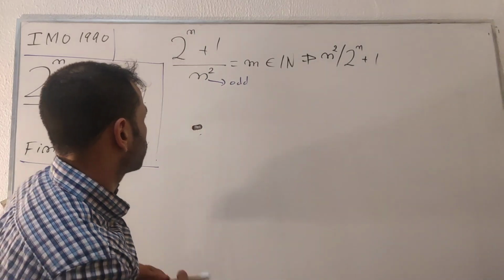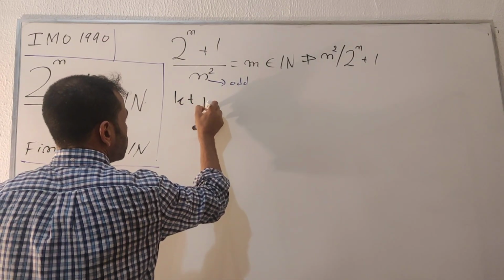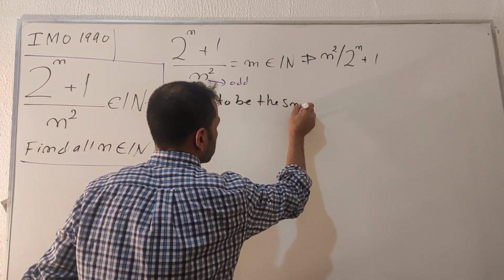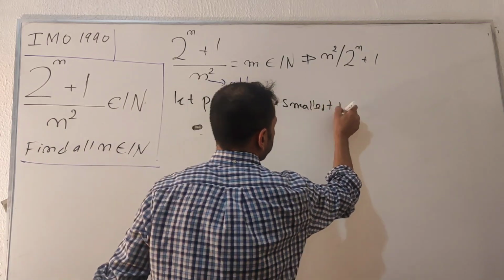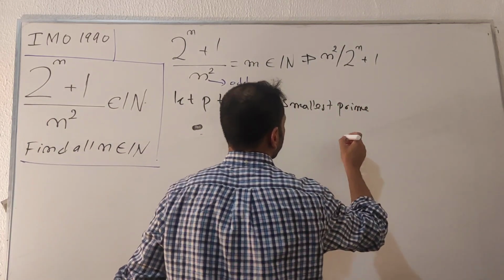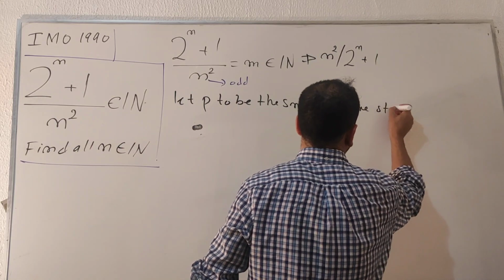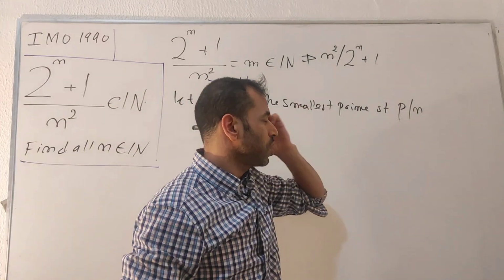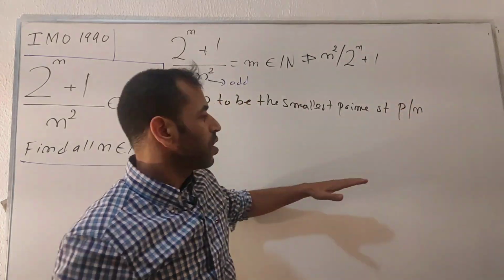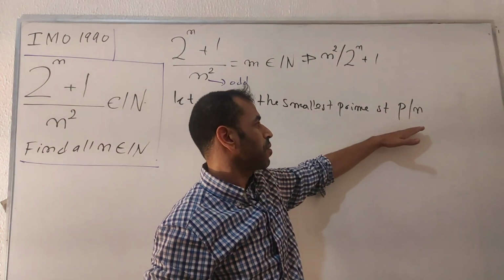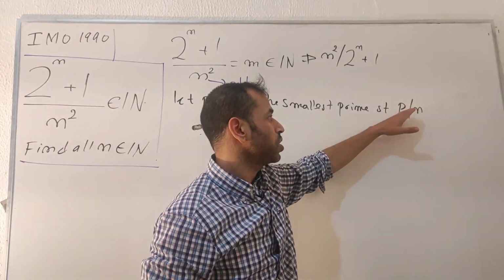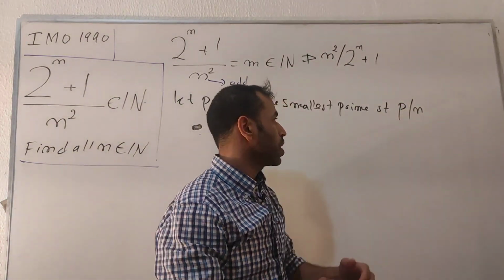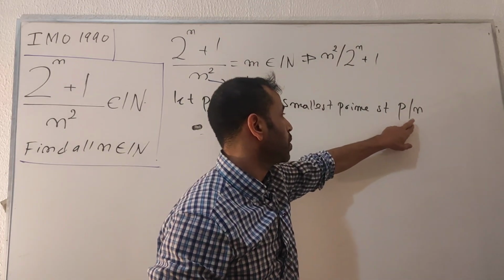So let p be the smallest prime such that p divides n, at some point. The smallest prime here doesn't mean the smallest value, as we start with the prime numbers 3, 5, 7. Now we are going to find the intersection point of p and n where the divisibility occurs.